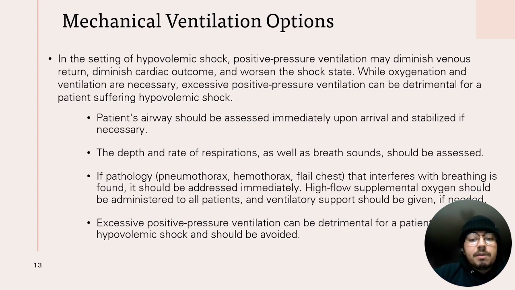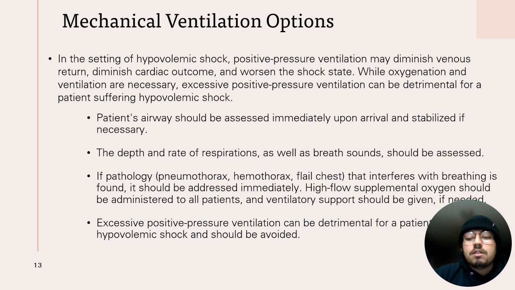Patients' airways should be assessed immediately upon arrival and stabilized if necessary. So if they're going into shock, they're most likely going to lose consciousness. We're going to have to insert an endotracheal tube to manage their ventilation. The depth and rate of respiration as well as breath sounds should be assessed. There we'll see the clinical assessments of a hemothorax, and we'll see from there the pathology.